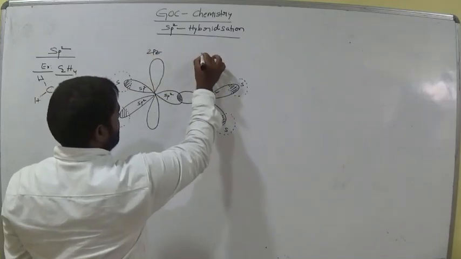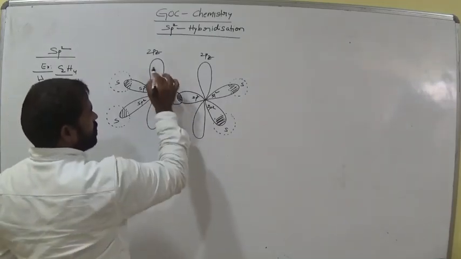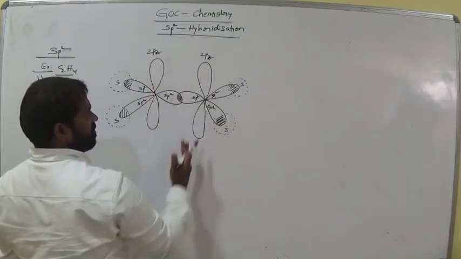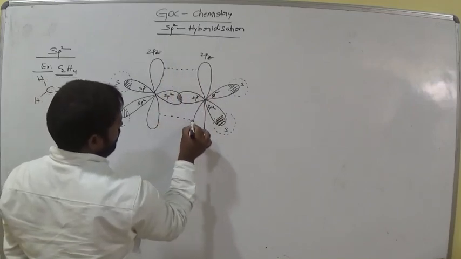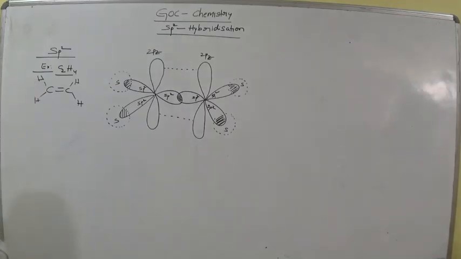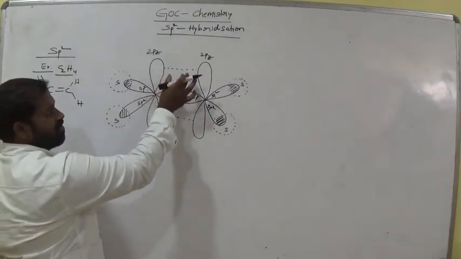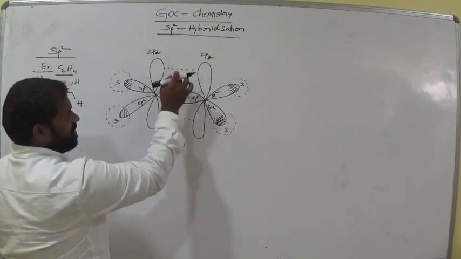This is 2pz also. So the 2pz orbitals, vertical, this is the representation. The 2pz orbitals undergo lateral overlapping, and it forms a pi bond. This representation is a pi bond.